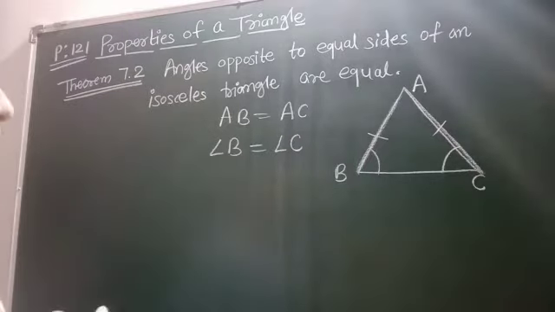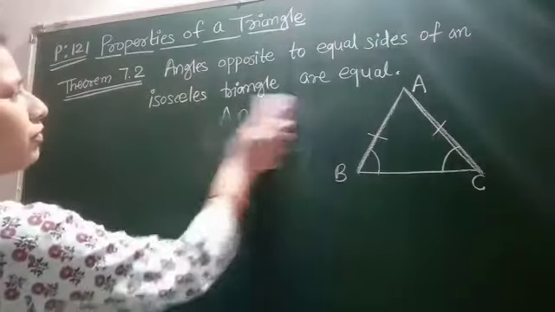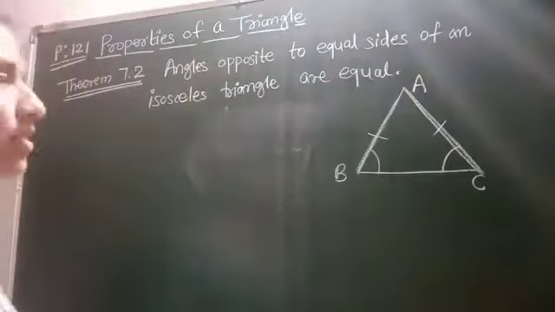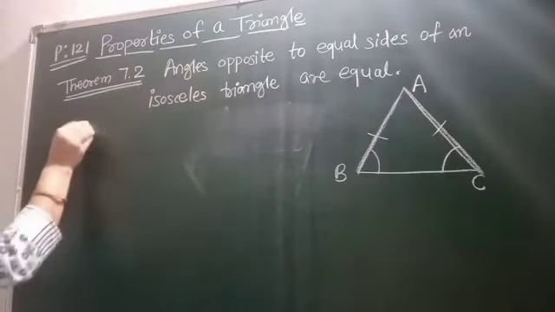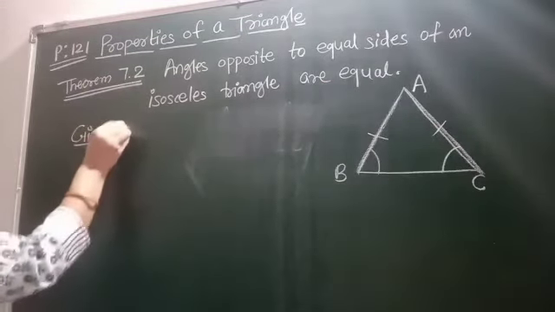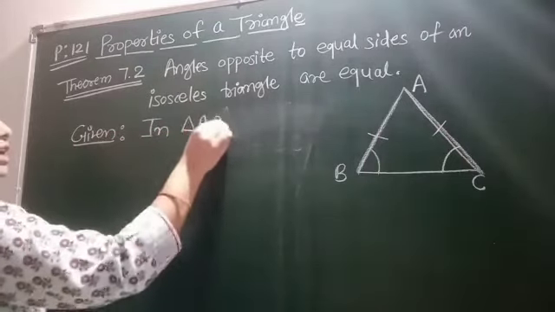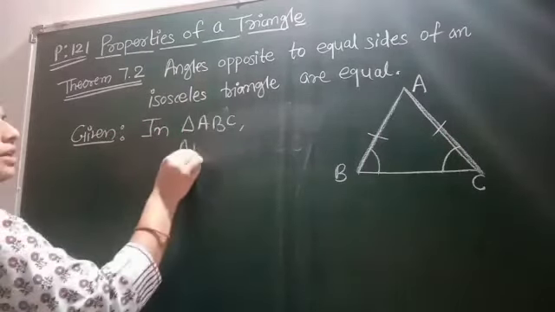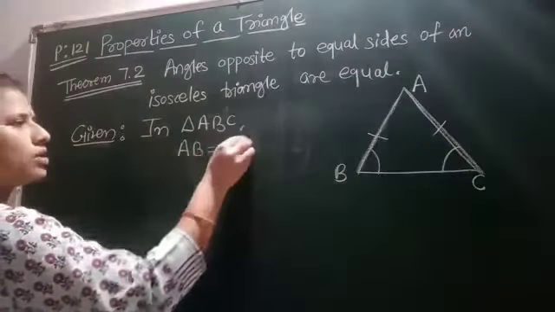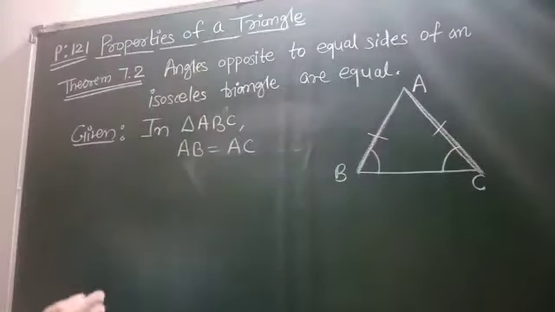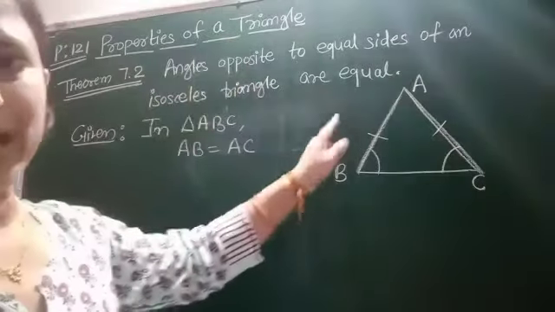So we will prove this theorem. What will we write first? First we will write what is given. Here in triangle ABC, AB equals AC, because this is an isosceles triangle, so two sides will be equal.